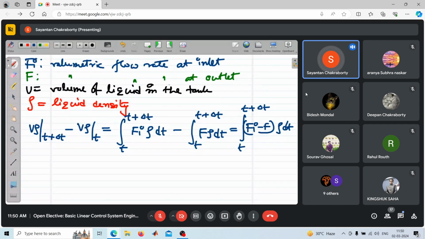Now you can use the mean value theorem of integral calculus.